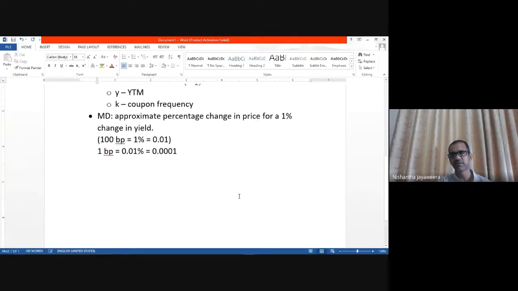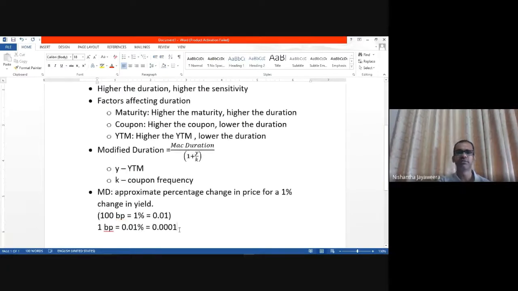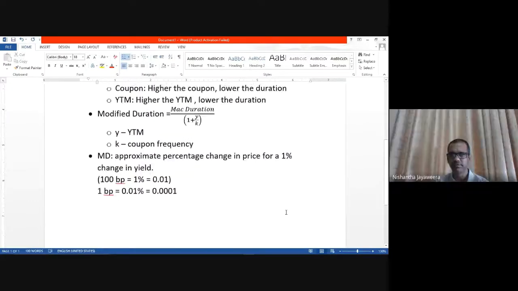You should be familiar with this jargon. So modified duration is the percentage change in price for a 100 basis point change in yield. 100 basis points means a 1% change in yield.